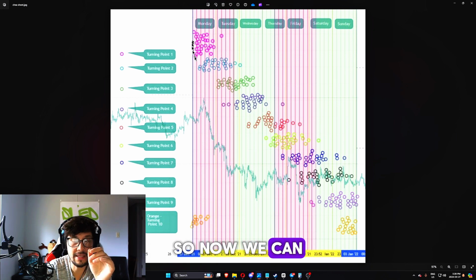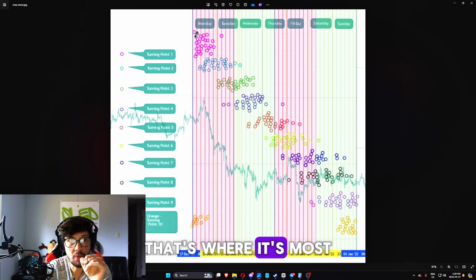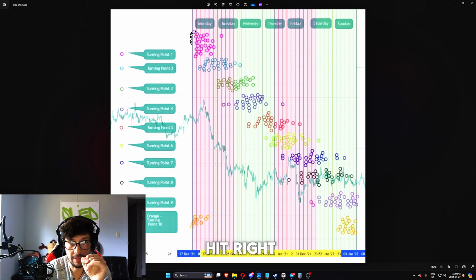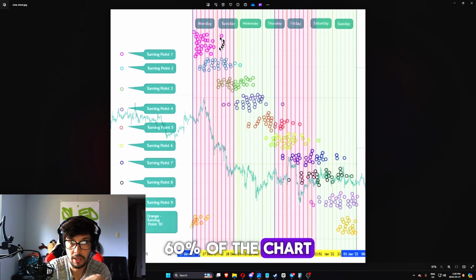Most of the time it lands in the first 20% of the first quadrant. It can also hit in the last 60% of the chart.